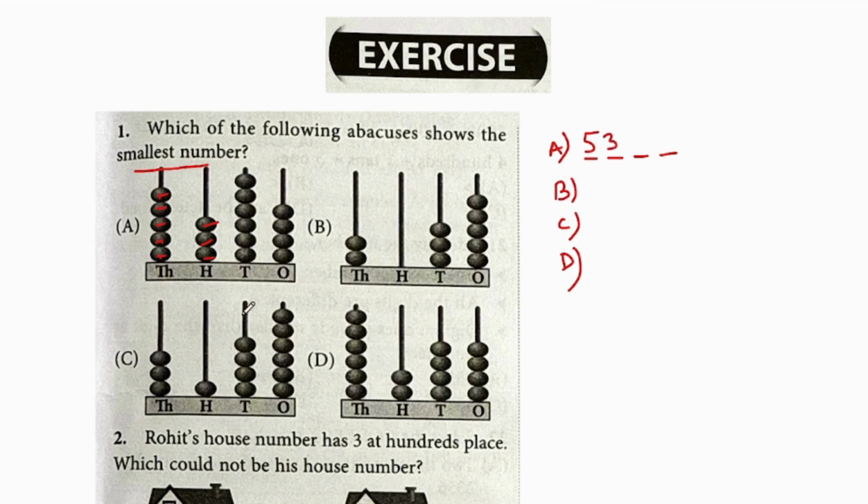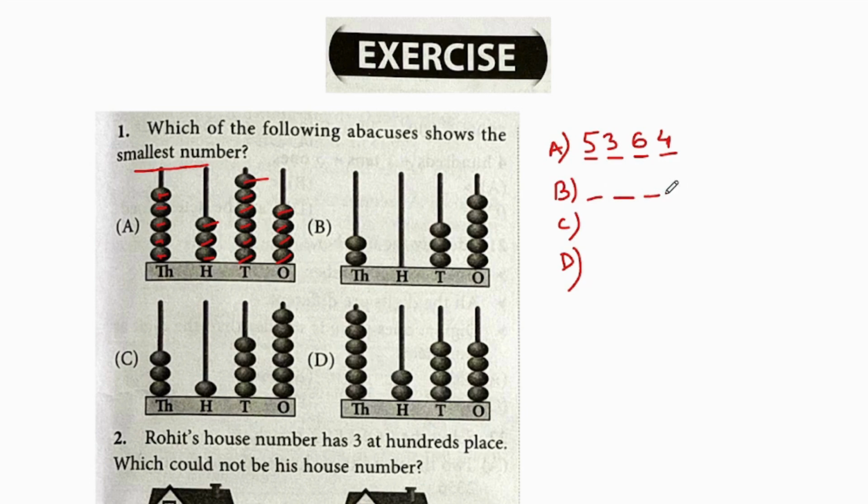So 3. Tens place, 1, 2, 3, 4, 5, 6. So 6. And ones place, 1, 2, 3, 4. So 4. So this is the number in option A, right?